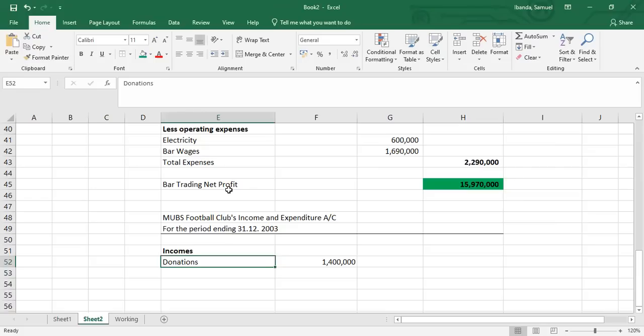The bar net profit is what we record under our income and expenditure, which is 15,970,000.